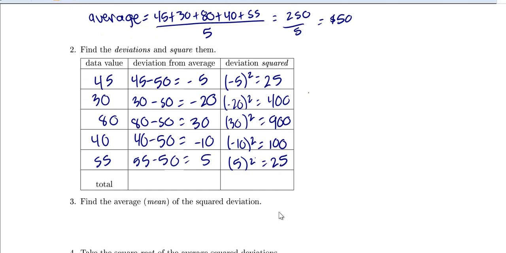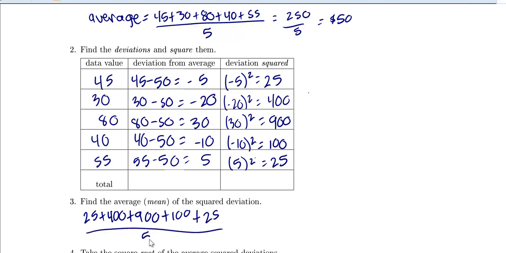Number 3, find the average or the mean of the squared deviation. So how do you find the average or the mean? You add them all up and divide by how many there are. So it's going to be 25 plus 400 plus 900 plus 100 plus 25, and divide by how many there are, which is 5. So this is going to give me 290.